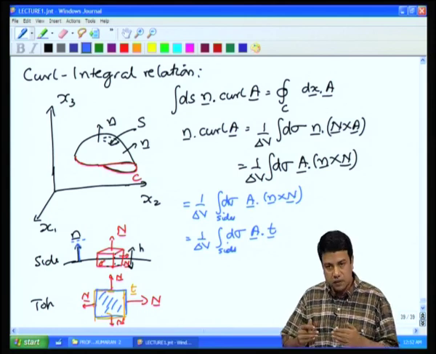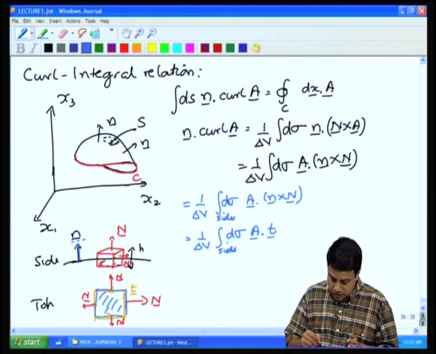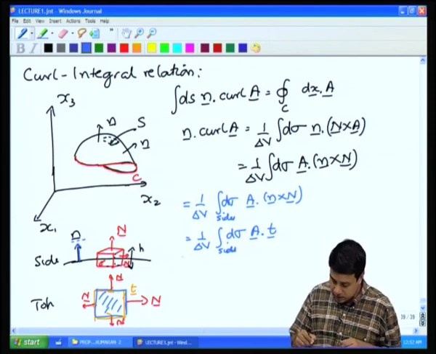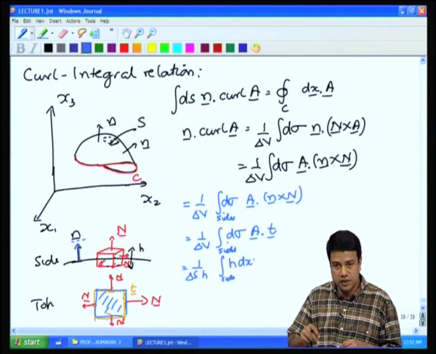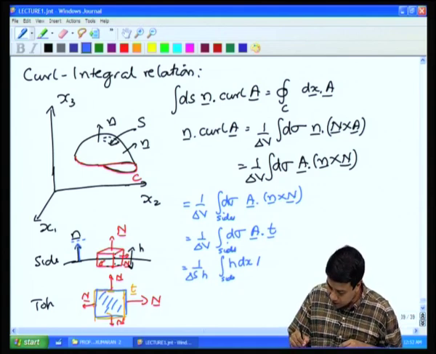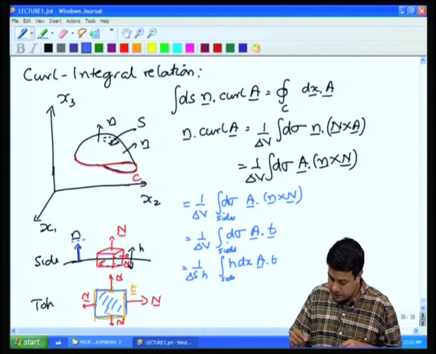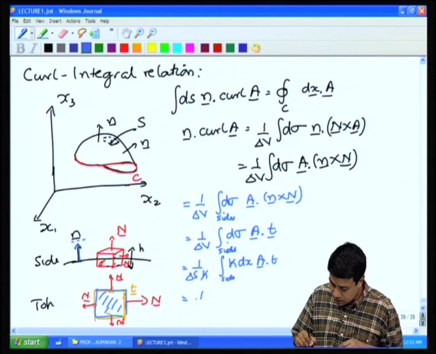The surface area of this surface is equal to this path length times the height. So, I get 1 over delta s times h integral over the sides of h dx, where dx is small displacement along this path and h is the height perpendicular, times A dot t. And the two h's will cancel out and I will get 1 over delta s integral.